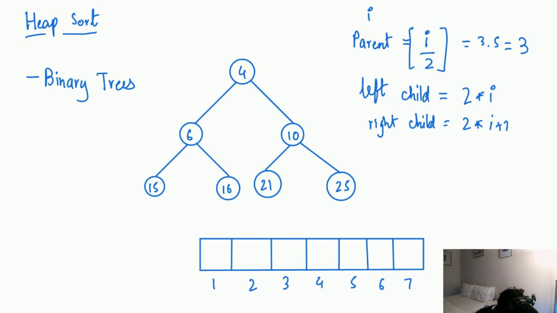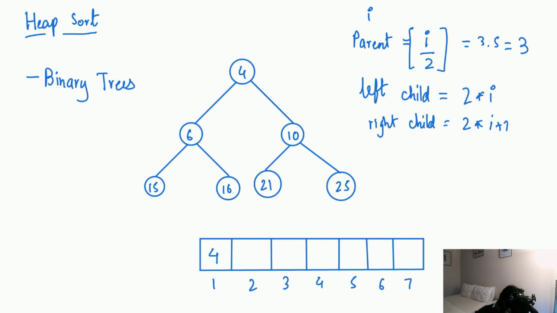Let's look at filling this array up in a binary tree representation. So essentially, we have our root node, which is 4, which is going to be starting at index 1. Now, in computer science, we always follow 0, 1, 2, 3, 4, 5. However, just to explain, I'm using 1, 2, 3, 4, 5, 6, 7.